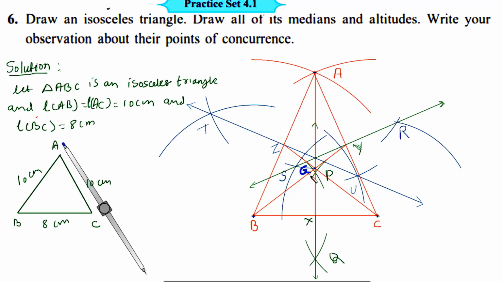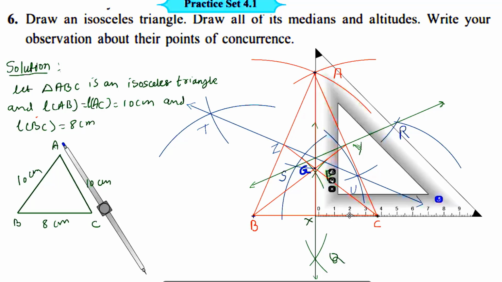Then we draw the altitude of triangle ABC with the help of a set square. Put the set square as shown here, with one side of the set square along the side BC and the other on the point E. Draw the perpendicular from vertex A to the opposite side BC.